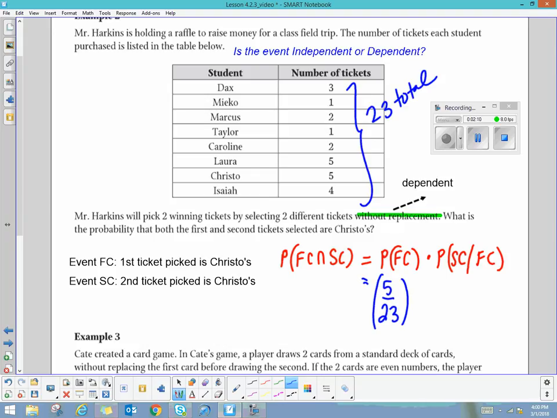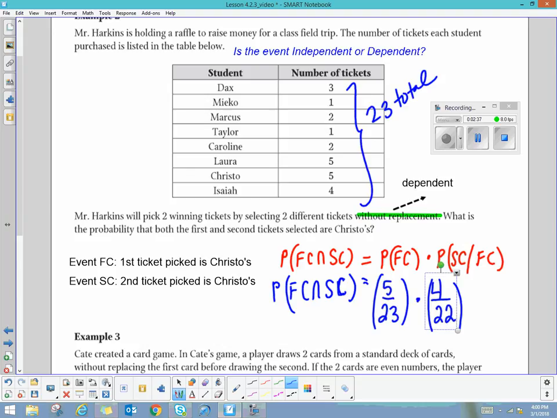Now, because again, this is without replacement, I am not going to put back the ticket. So now Christo has 4 tickets out of a total of 22. All right, and again, this is going to give us the probability of the first ticket being Christos and the second ticket being Christos.